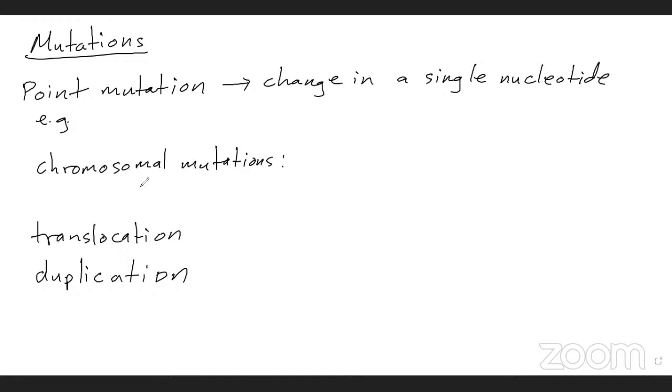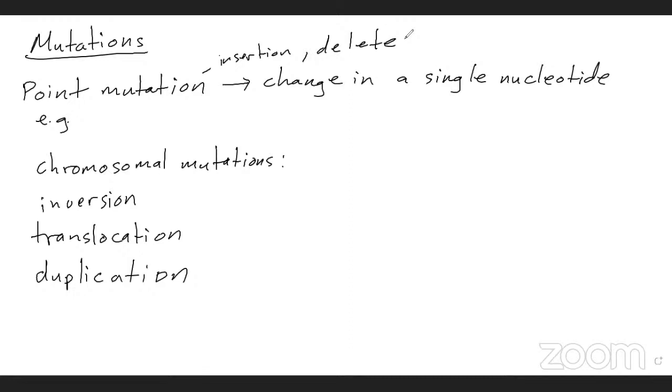I'm going to do an example of each of them quickly. For some of them, the names will actually give you a little hint. You can add, you can delete. If it's delete or add in, you have what we call frame shift.